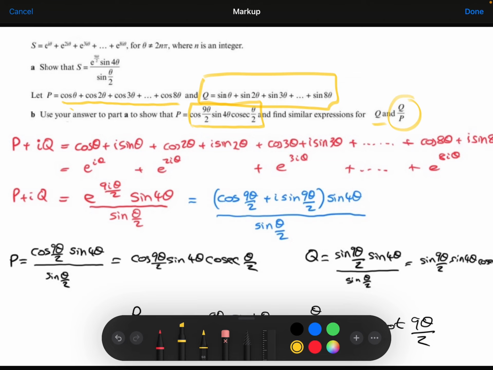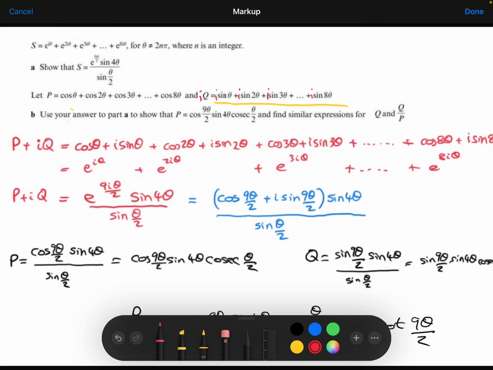So first, this P and this Q. Well, I'm going to start by writing P plus iQ. The reason I'm doing that is I noticed that if I multiply all of these terms by i to get iQ, I'd have i sine theta, i sine 2 theta, i sine 3 theta, and so on.